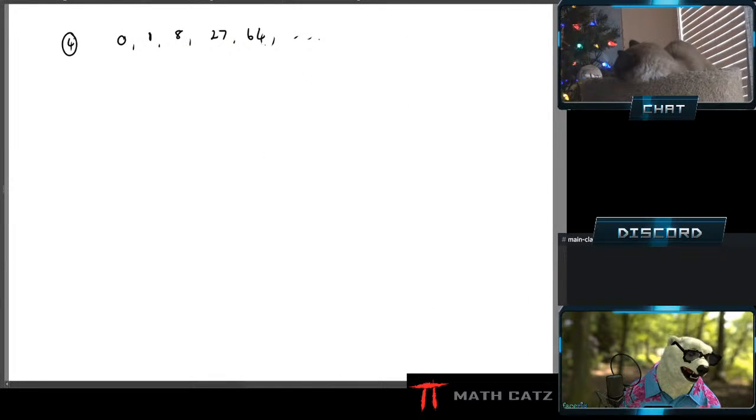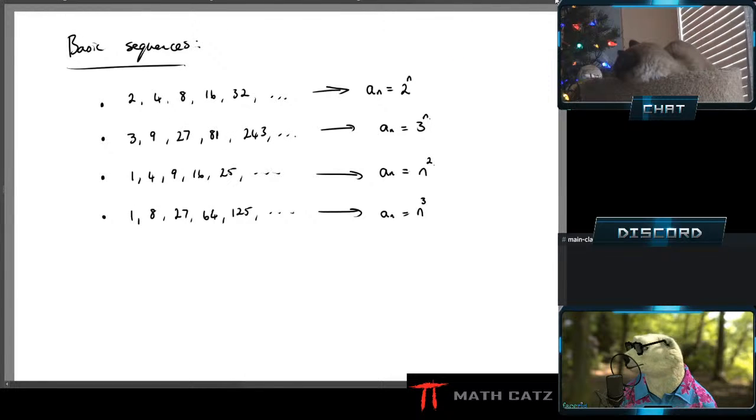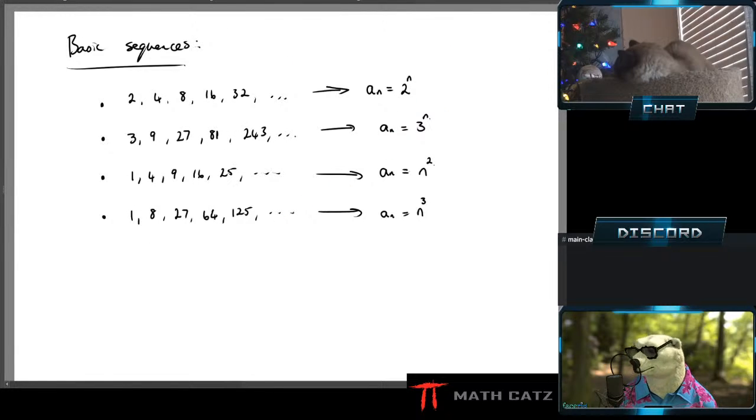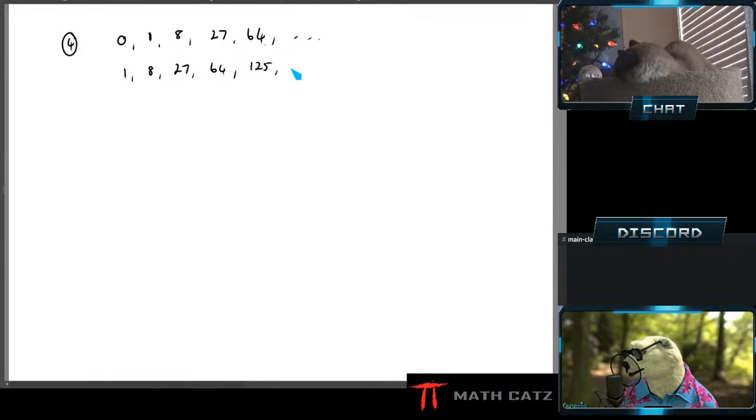Let's just try and quickly finish this one. So here I want to notice that the numbers in the sequence are these last ones, the cube numbers, 1, 8, 27, 64, what was the next one? 125, of course, and so on. And I know that one, it's n cubed. This is just a shift again.